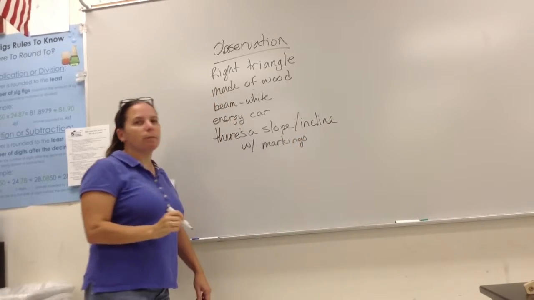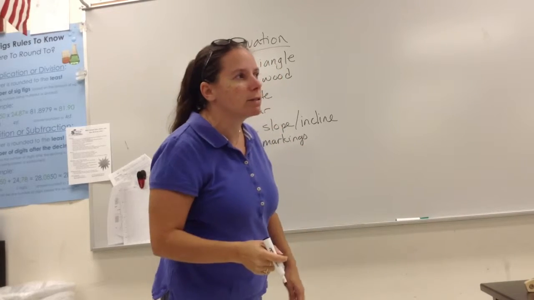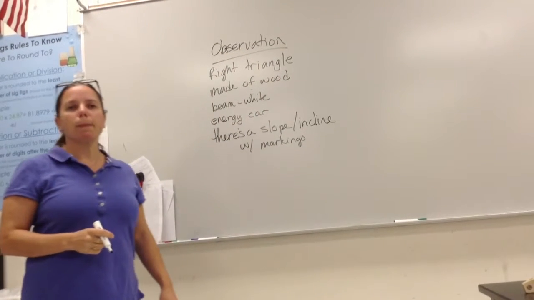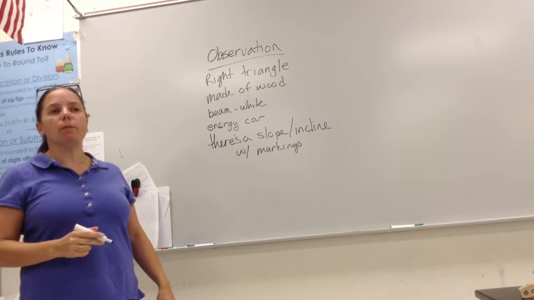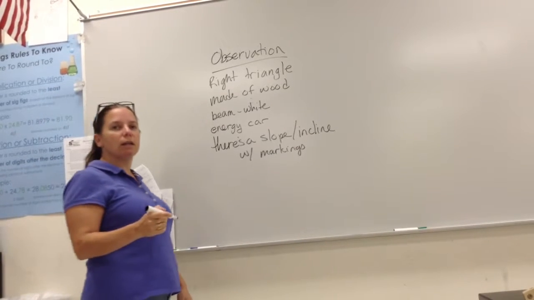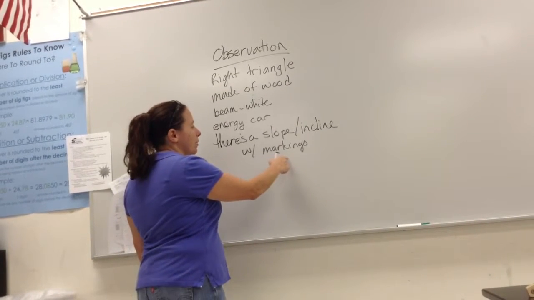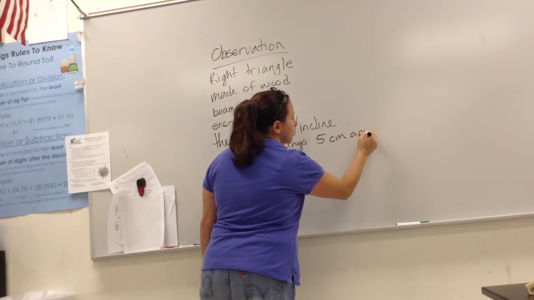Do we know anything about the markings? Anything you can say about the markings? It's equally spaced, looks like. Okay, they appear to be equally spaced. They're 5 centimeters apart. How do you know that? Because it says on the wooden thing. Right. Okay, with markings, 5 centimeters apart.